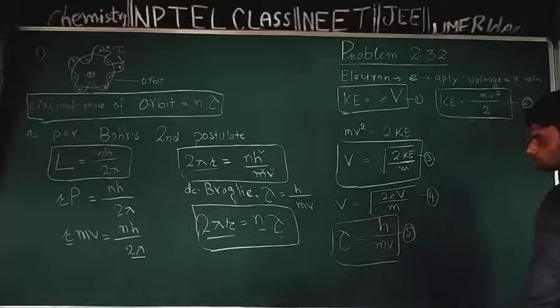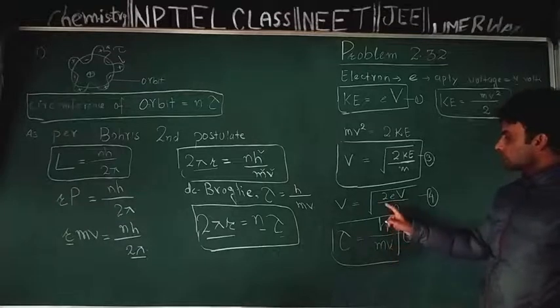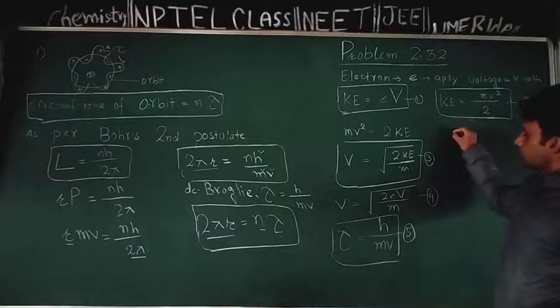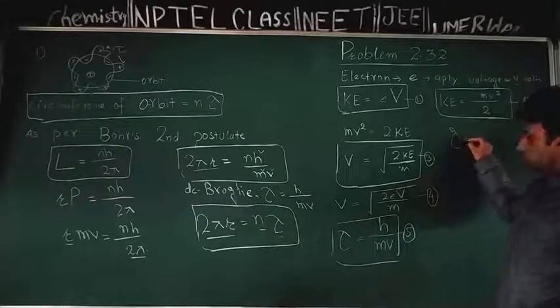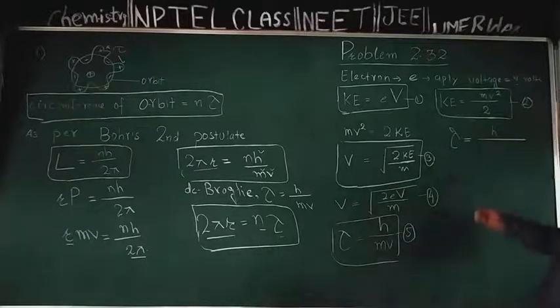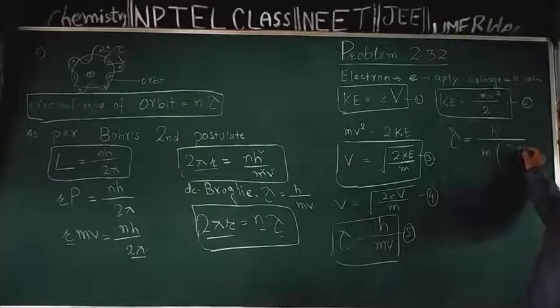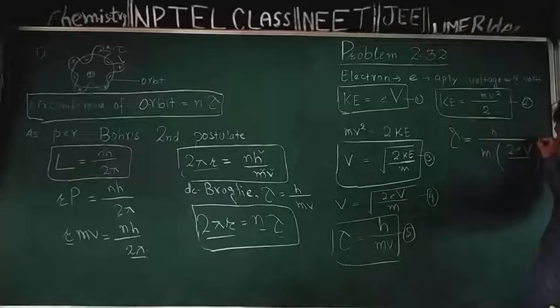Now I will express the velocity in equation 5 in terms of the magnitude of charge on the electron, voltage and mass of the electron. It is easy for me to write lambda, the wavelength of the electron wave, is equal to h divided by m, mass of electron, into, instead of velocity, I need to write 2 into the magnitude of charge on the electron, the voltage in which the electron is present, divided by m, raised to power 1 by 2.